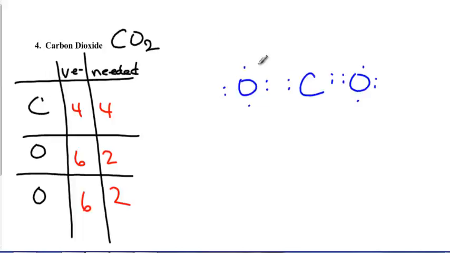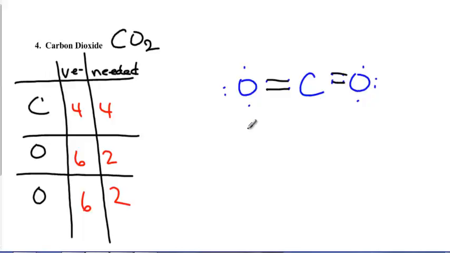So if you put the carbon in the middle, because it's the one that needs the most, this time each oxygen is going to share 2 times, and that's going to give carbon a total of 4 to share. I can count 1, 2, 3, 4, 5, 6, 7, 8. On my carbon, I can count 1, 2, 3, 4, 5, 6, 7, 8.